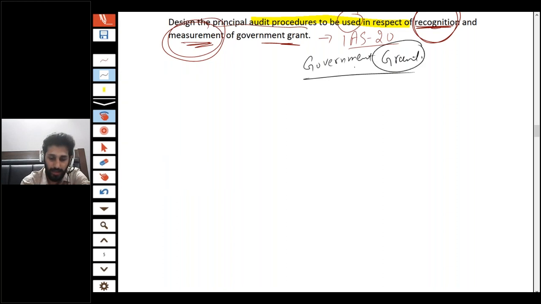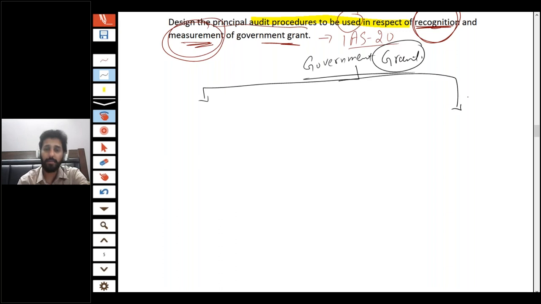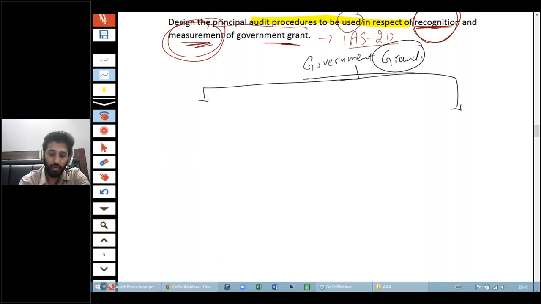Now this is the government grant, and government grant means that the government is paying an amount to a profitable or favorable business for the society. Let's say my organization is doing an activity which is beneficial for the society, so it might be possible that the government will support me financially and provide me financial assistance.